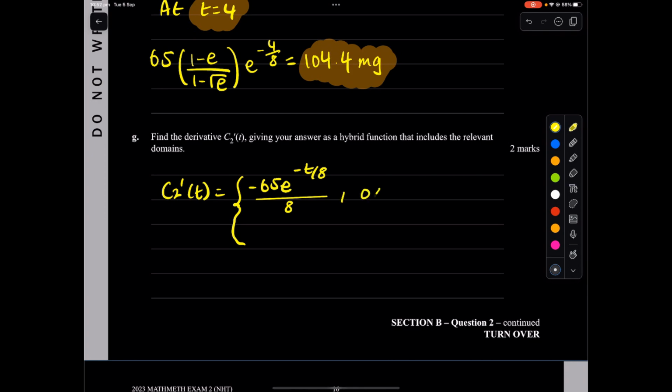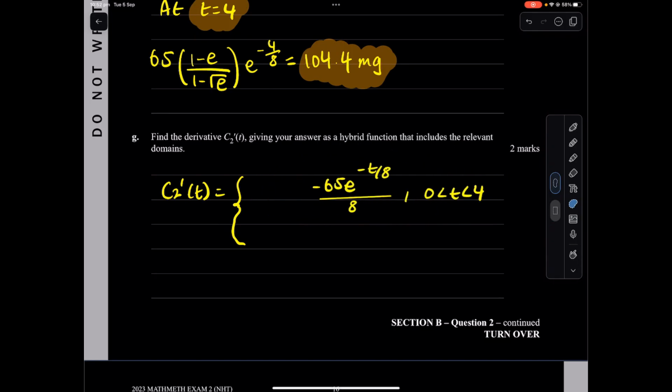where 0 is less than t less than 4. That's very big, so I'm just going to move this a little bit, rub this off, and make it bigger so it's easier to deal with.